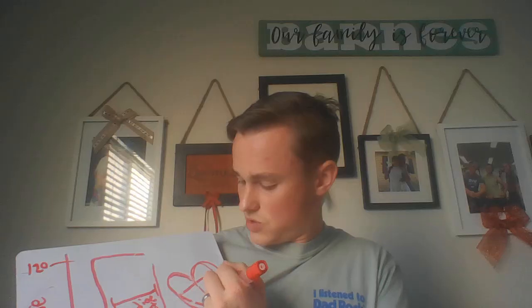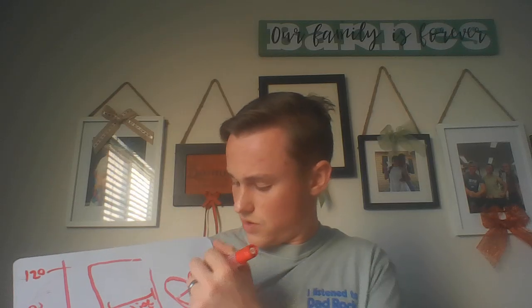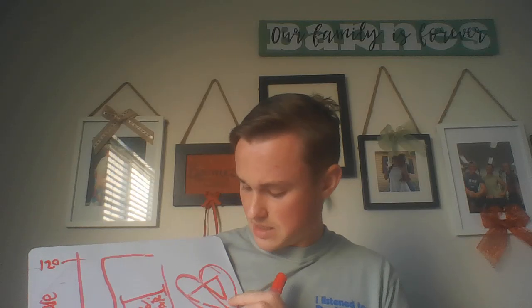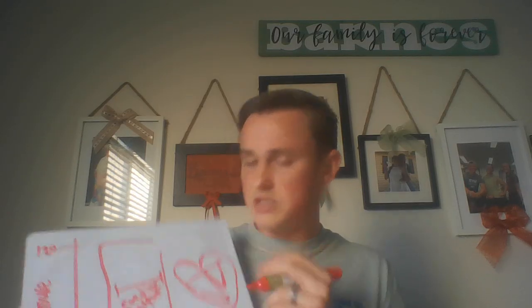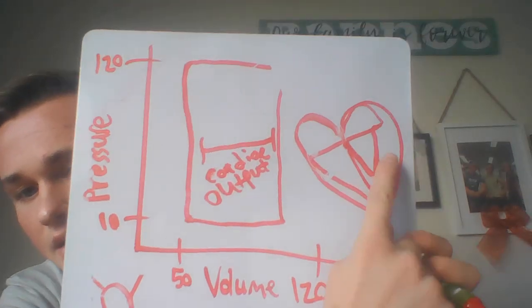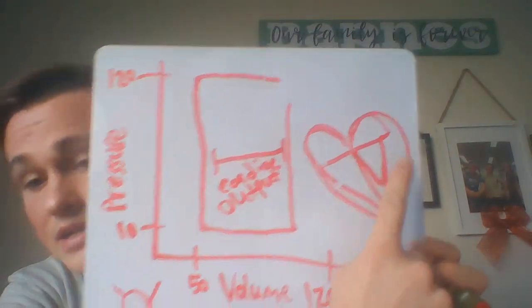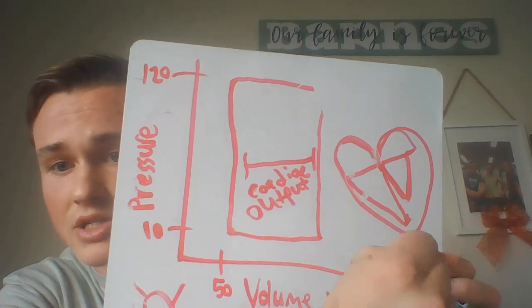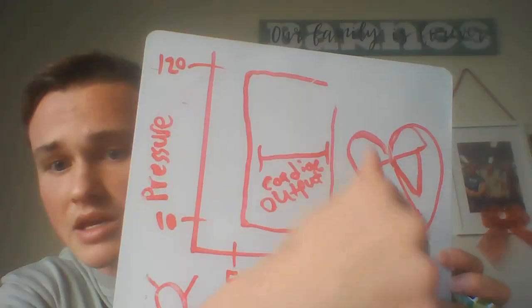Your heart fibers will get so strong and so thick that they'll actually minimize the amount of space left for the blood. So I drew a very thick left ventricle right here, and it's usually the left ventricle because that's the place where you're having the contractions squeezing into the rest of the body.